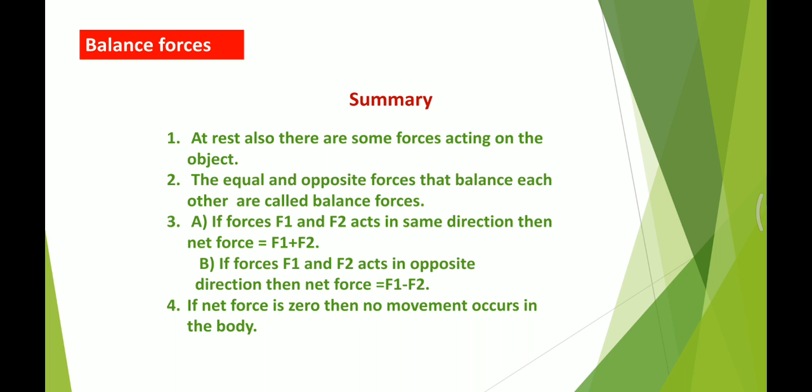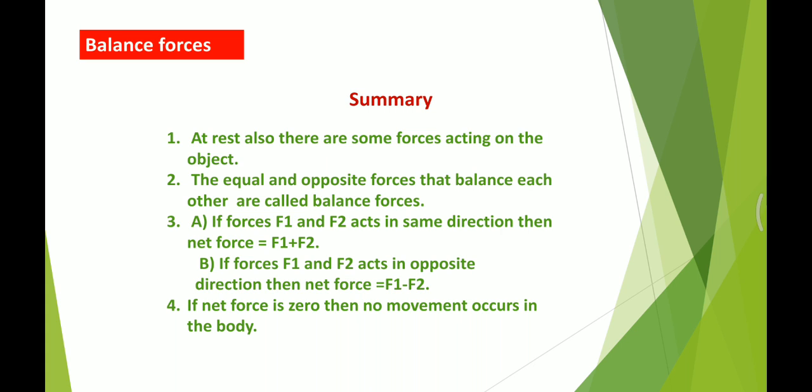If forces F1 and F2 act in opposite directions, then net force is equal to F1 minus F2. And at last, if net force is 0, then no movement occurs in the body.